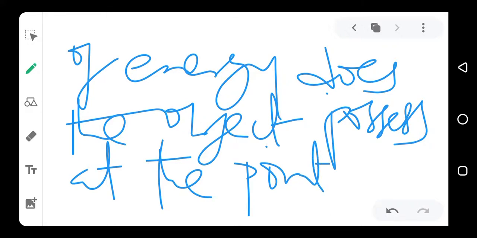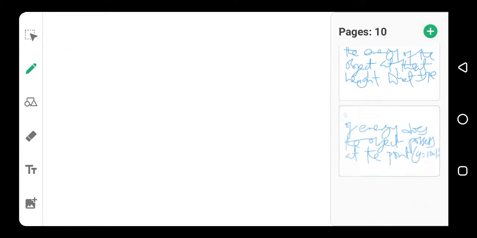What type of energy does the object possess at the point? g is equal to 10 meter per second squared. Now solution.